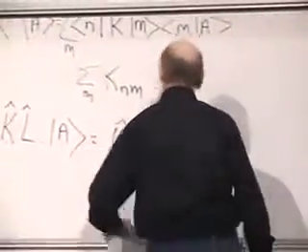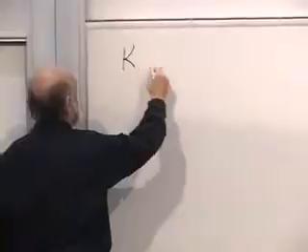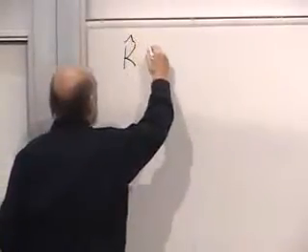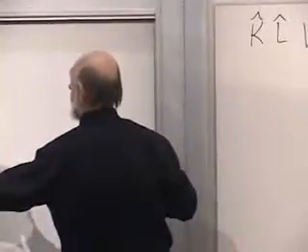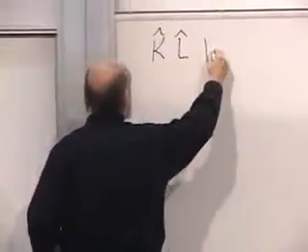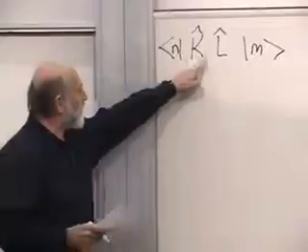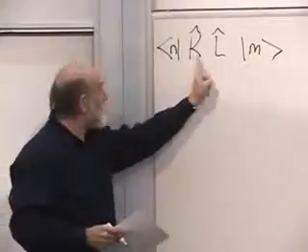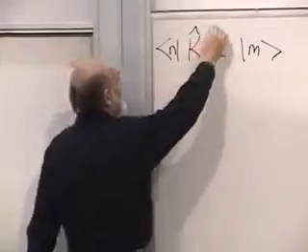All right, so let's consider the matrix elements of K times L. What does that mean? That means sandwich the operator K times L between the basis vectors n and m. All right, now, here is L times m.